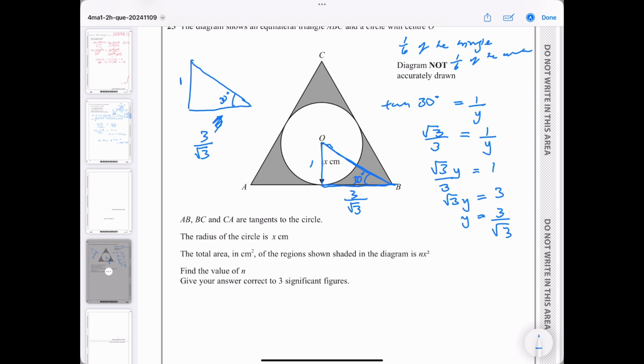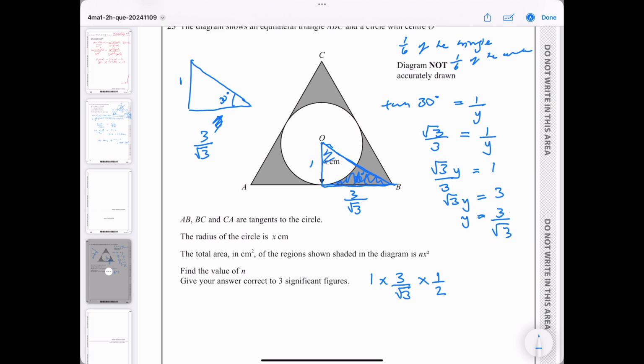So what I'm going to do, pretending x is 1, is work out what the area of this bit here is. In terms of the triangle, I'm going to say 1 times 3 over root 3 times a half. That will give me the whole of that little bit of the triangle.